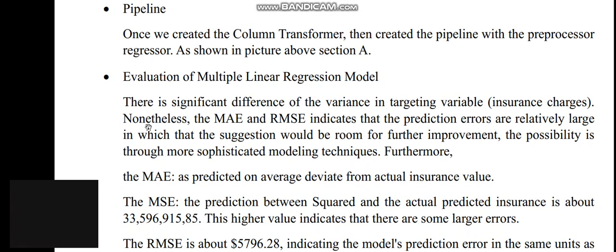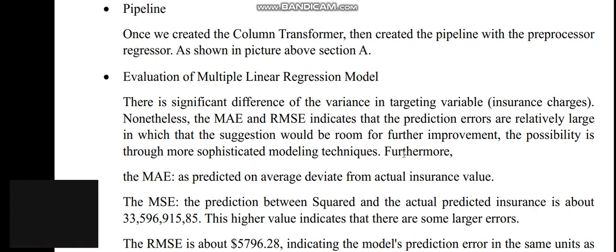Evaluation of multiple linear regression. Now we will evaluate multiple linear regression. These are significant differences in the target variable. Nonetheless, the MAE and RMSE indicate that the prediction errors are relatively large, in which case the suggestion would be room for further improvement. The predictions have errors that are relatively large.